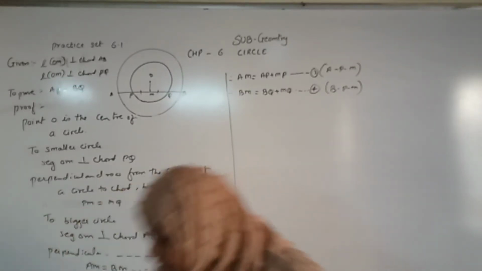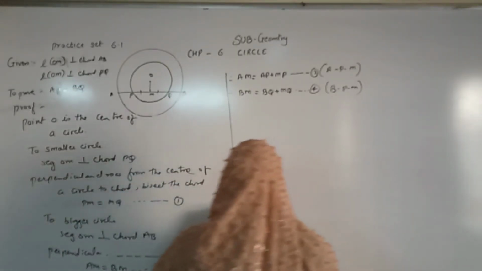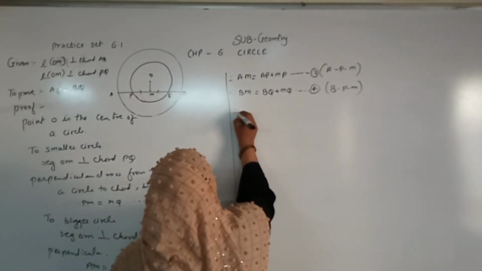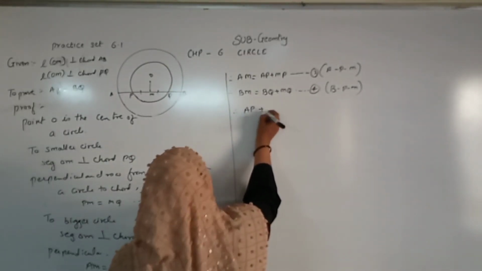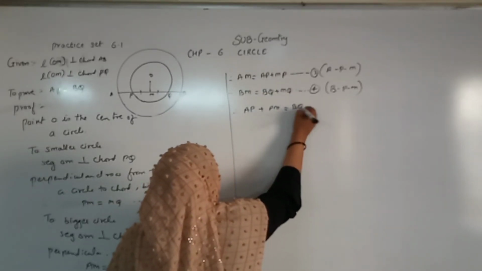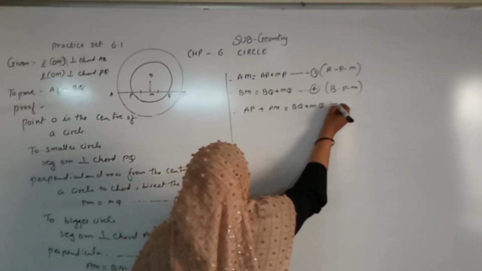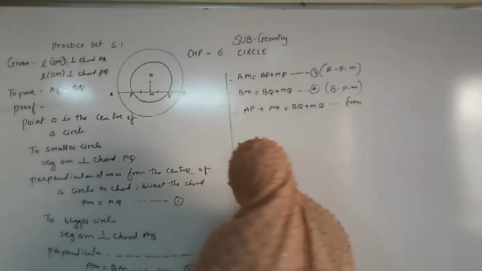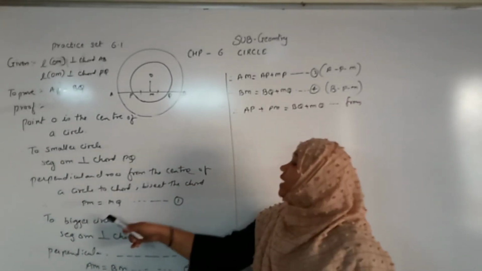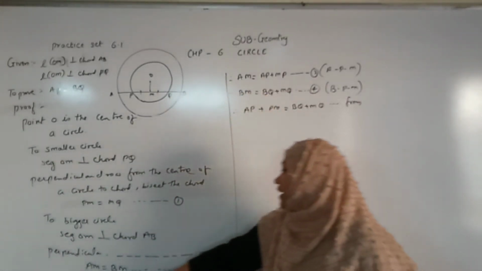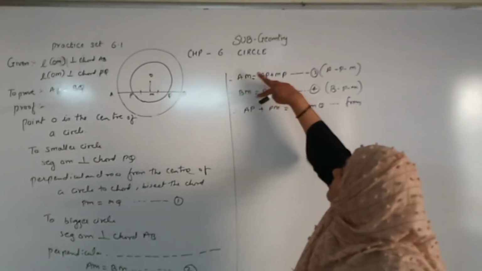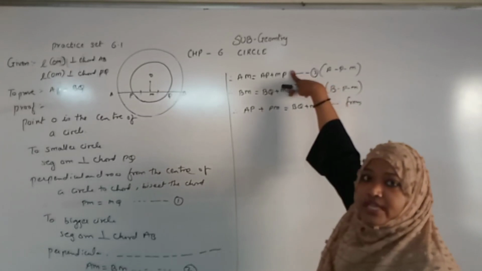ठीक है, now from equation 1, 2, 3, 4, what are you going to see? So therefore AP plus PM is equals to BQ plus MQ. बोलो ये कहाँ से आया? Already देखो students, यहाँ पर बोला गया है PM equals to MQ और AM equals to BM. जब ये दोनों इक्वल हैं तो मीन्स ये दोनों साइड में क्या हो जाएगी? इक्वल.